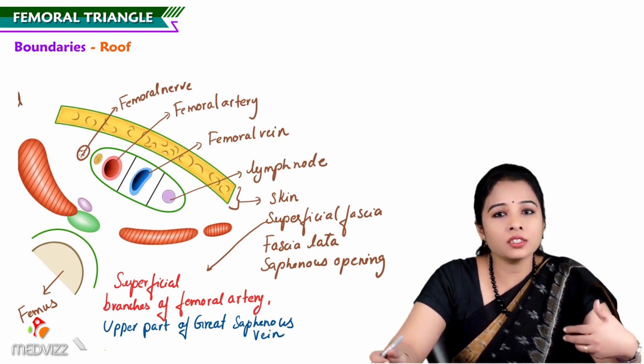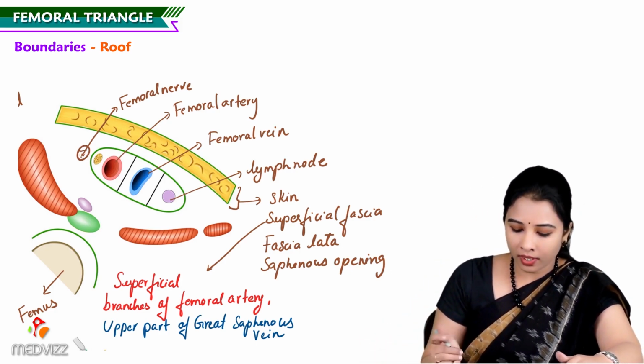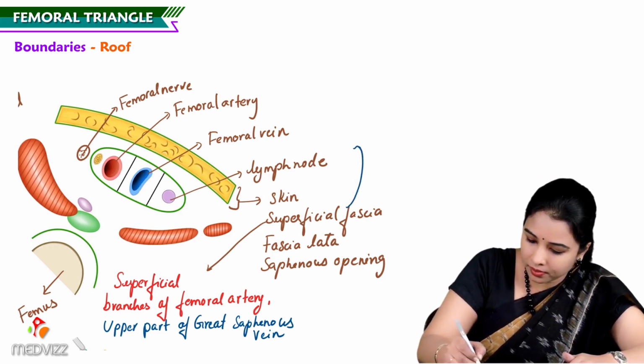What we see in the superficial structures forming the roof are superficial inguinal lymph nodes. Writing here.